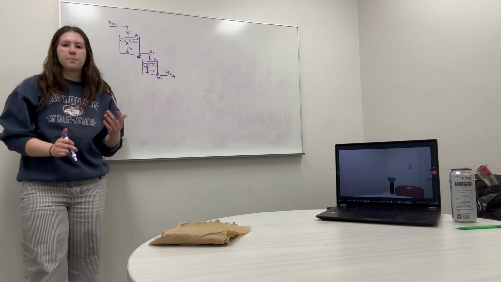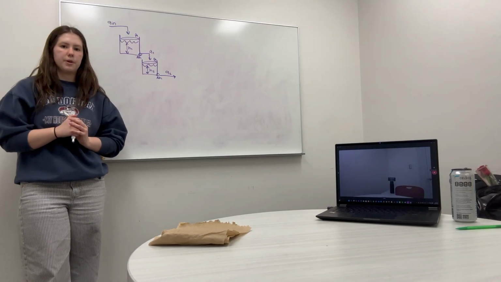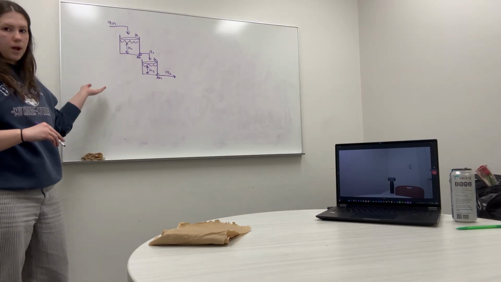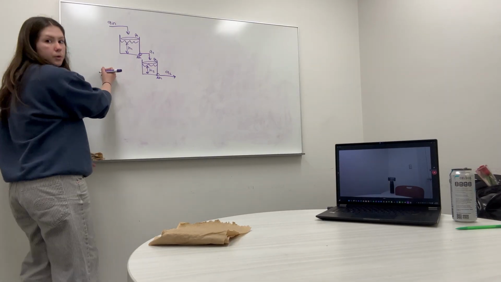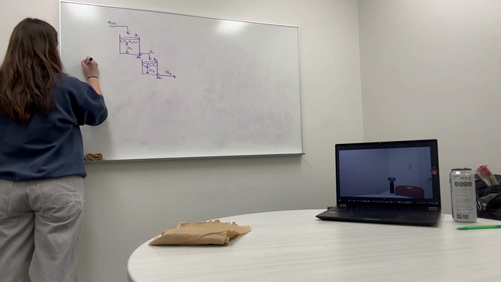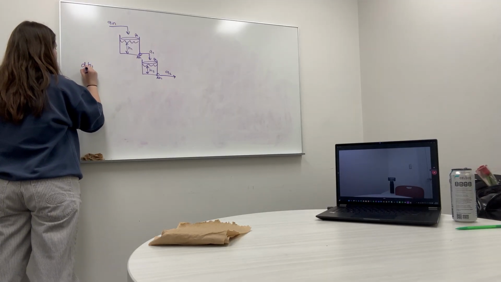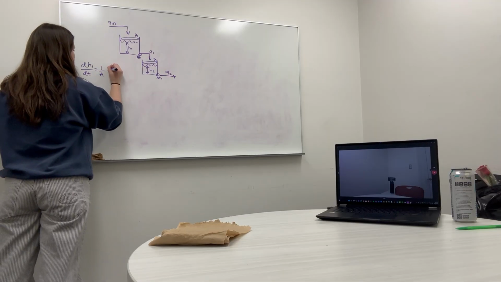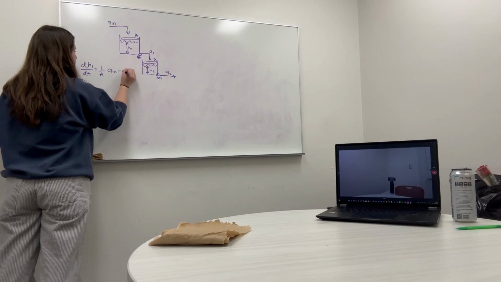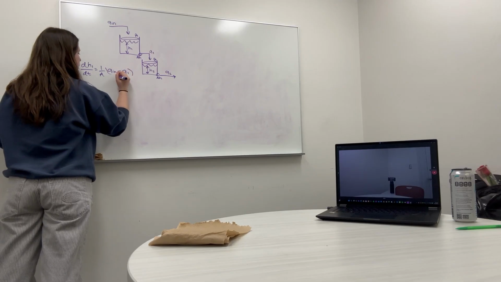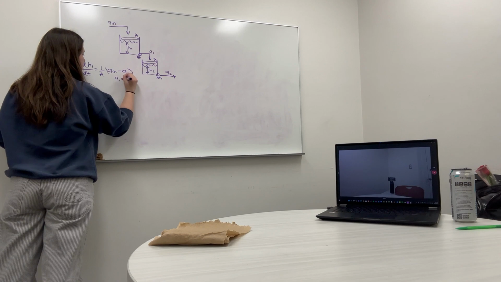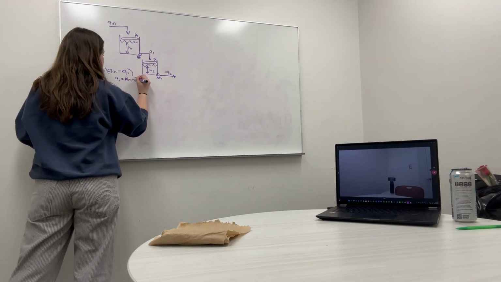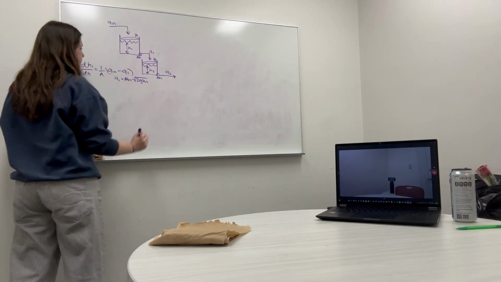And so from part A of this problem, we came up with the dynamical material balances. And so I will rewrite those right here. We had the change in height 1 with respect to time being equal to 1 over the cross-sectional area times Q in minus Q1, and then we found that Q1 is equal to the cross-sectional area of the drainage hole times the square root of 2GH1.